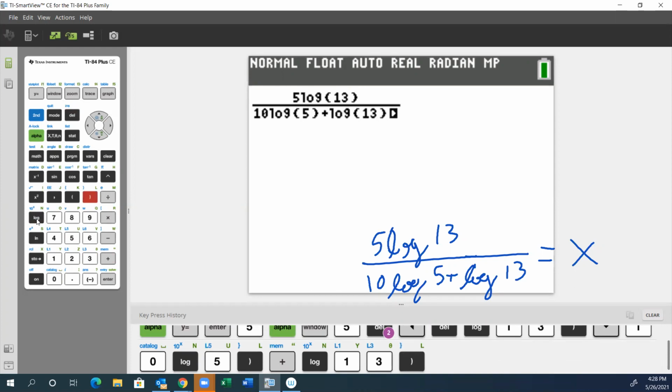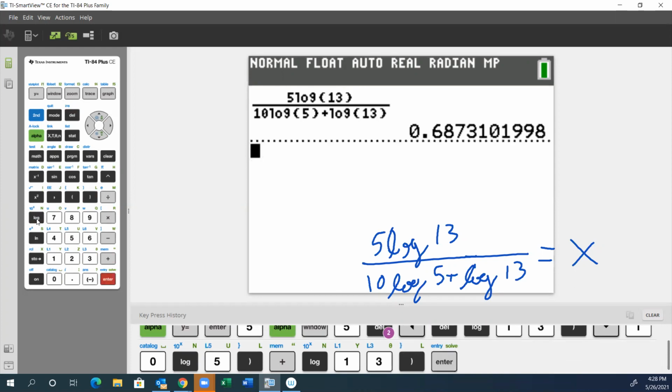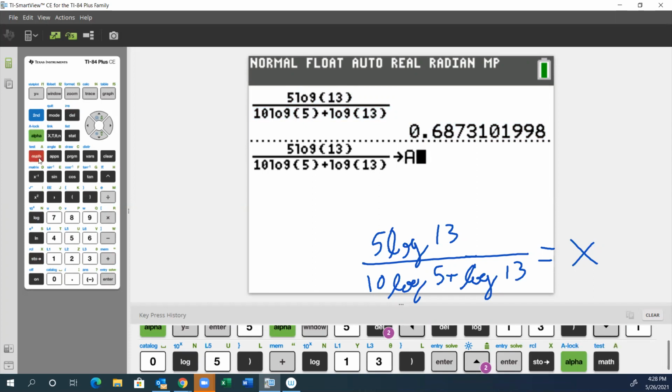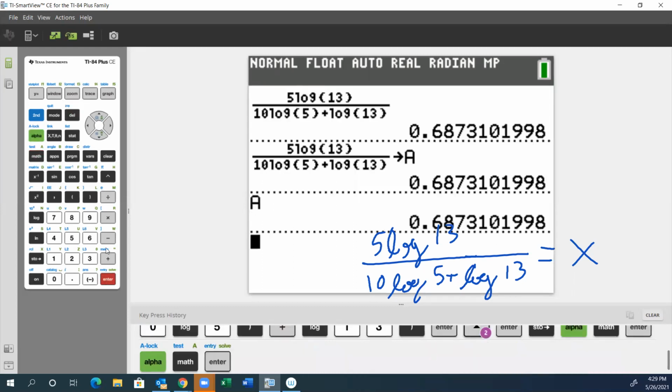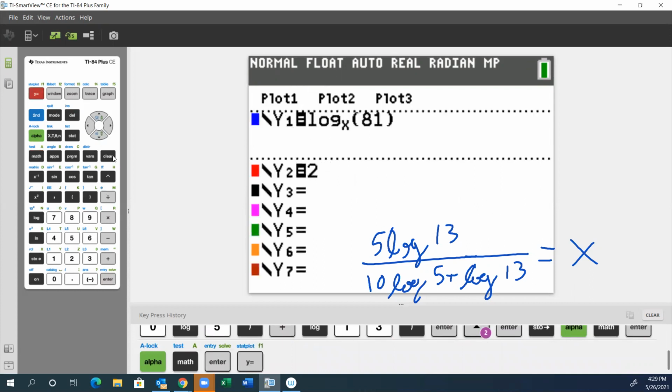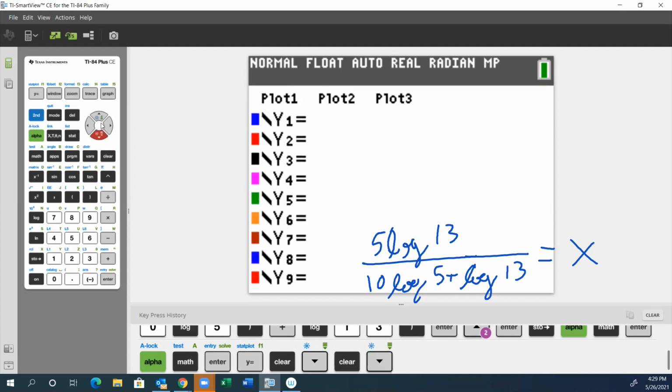So that's our answer right there. Now, if I take that and I store that as, say, A, which you won't normally do, now anytime I use the letter A, it's that number.